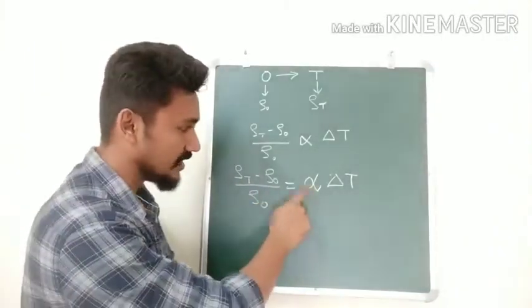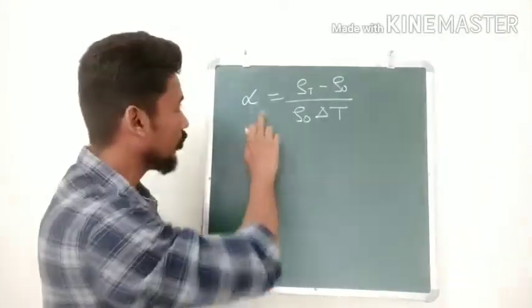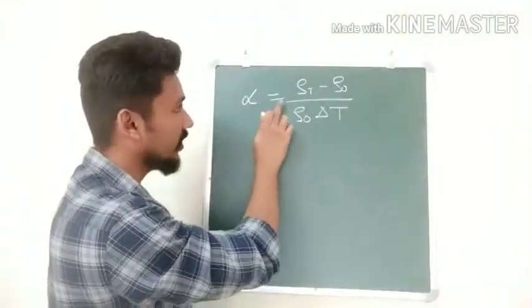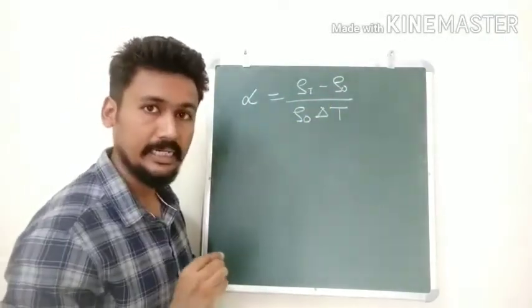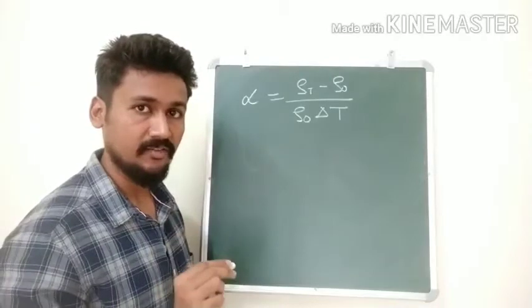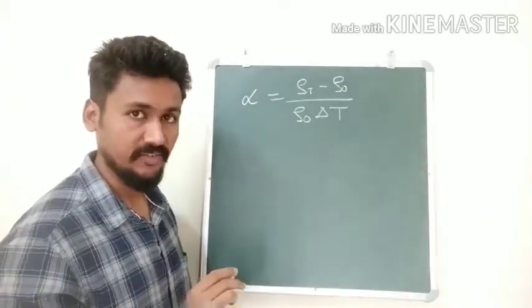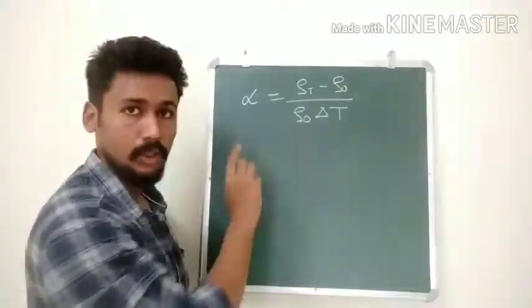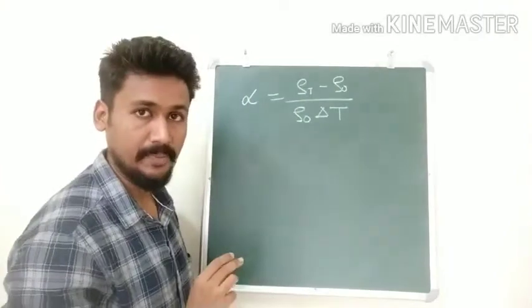Okay, and as you can see it is a constant. You can write the formula like this. Okay, to get a formula for alpha, so we get alpha equal to rho T minus rho naught upon rho naught into delta T. And how will you define alpha? You can define alpha, that is temperature coefficient of resistivity, as the ratio of fractional change in resistivity to the change in temperature.